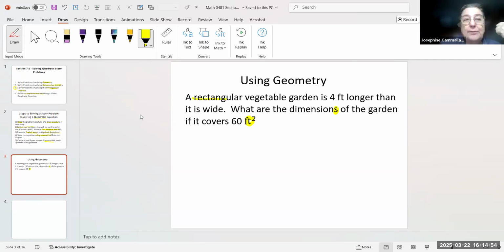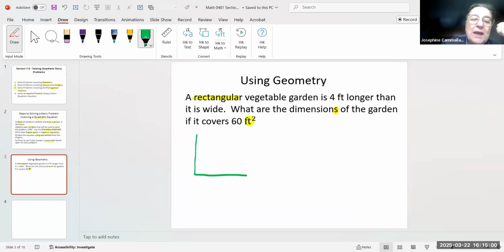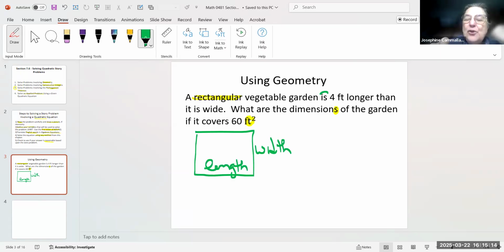highlighting. Rectangular. Okay, what does that mean? That means I have a rectangle garden. Well, a rectangle has length. Okay.